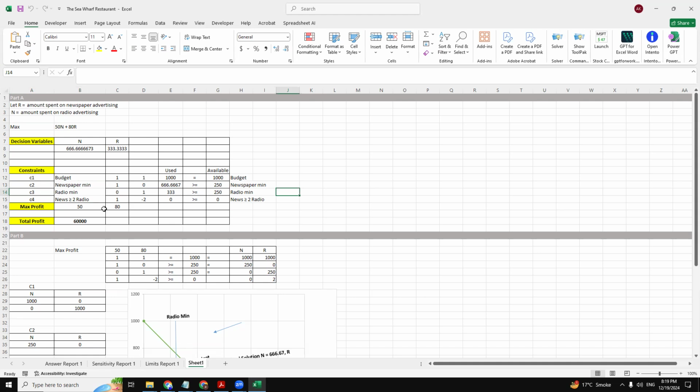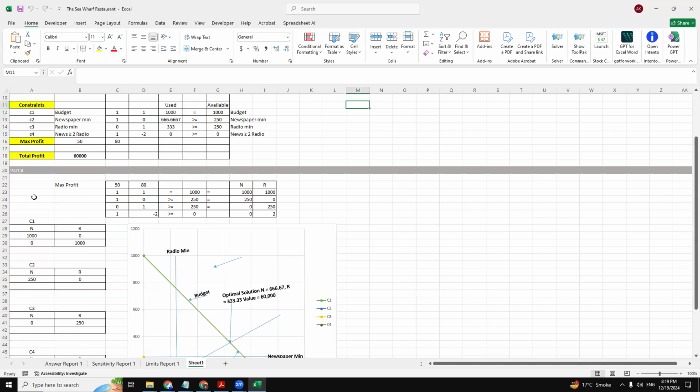I've used some Excel formulas, derived again from the question itself, and this one is our total profit, which I obtained from Excel Solver.